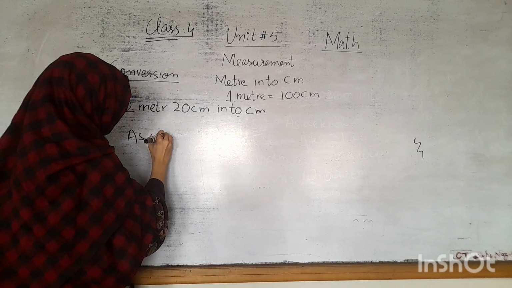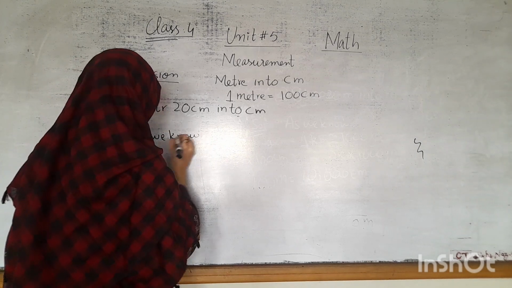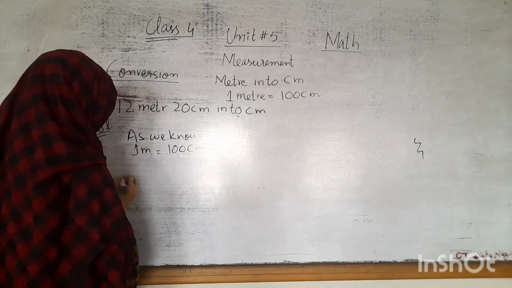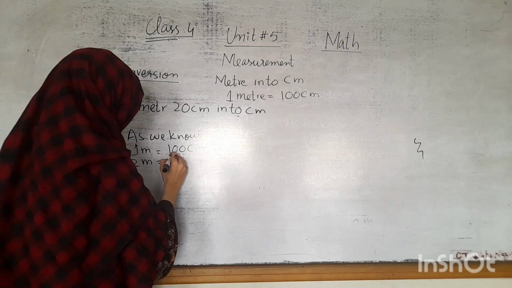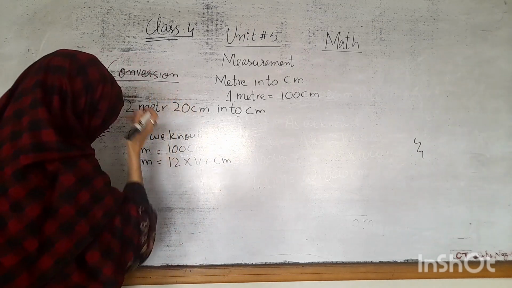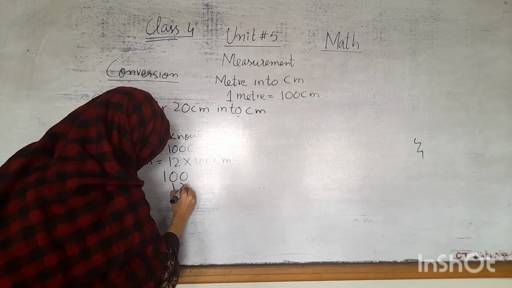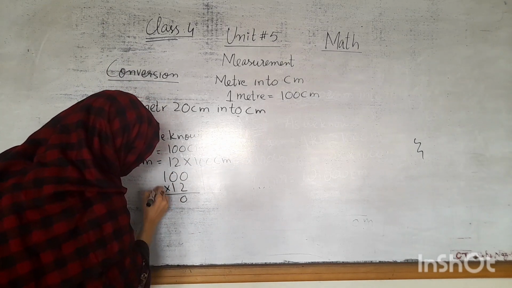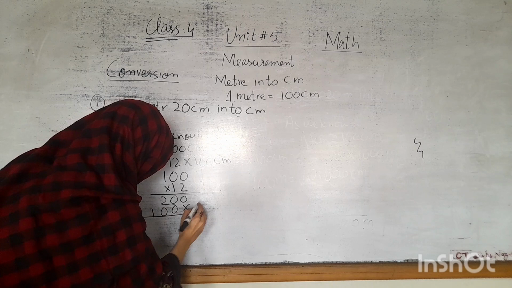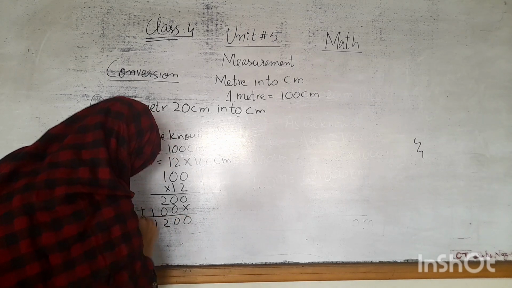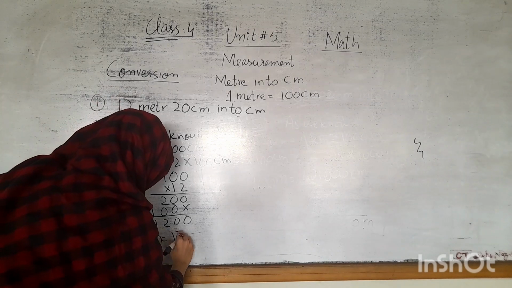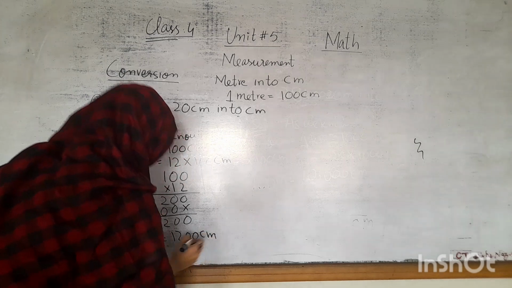Similarly, as we know, 1 meter is equal to 100 centimeter and 12 meter is equal to 12 multiplied by 100 centimeter. Now we multiply it. After addition we have 1200. So 12 meter is equal to 1200 centimeter.